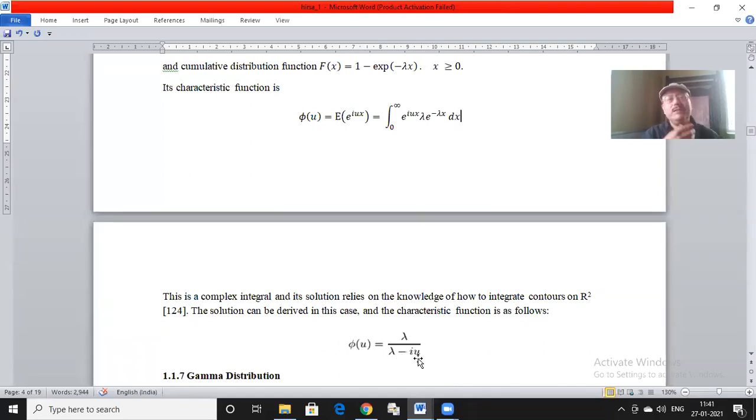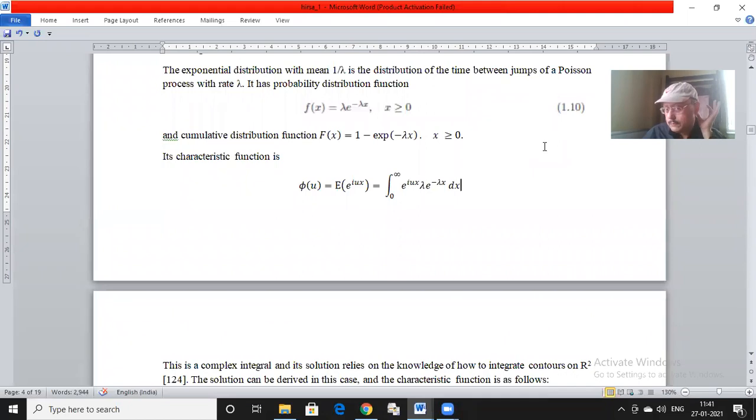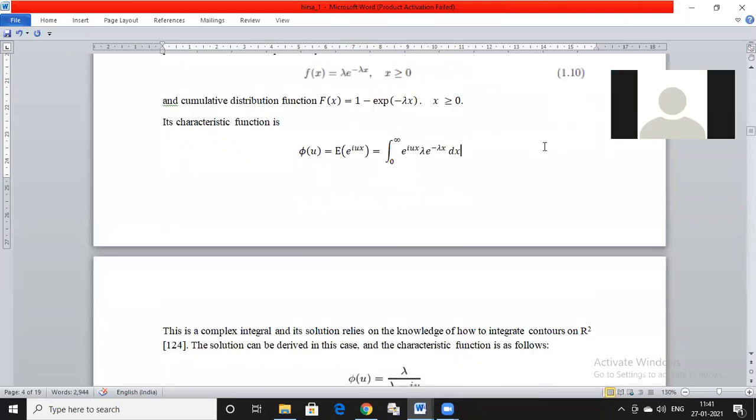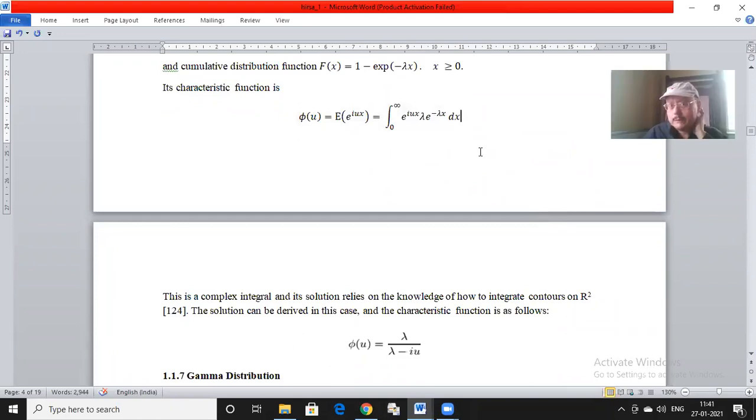So did you actually ever evaluate the characteristic function of exponential distributions? Yes, sir. So how did you do that? In just the integration, this. But the integration is actually involving complex things, right? So when you learned the characteristic function, did you already know complex integrations?